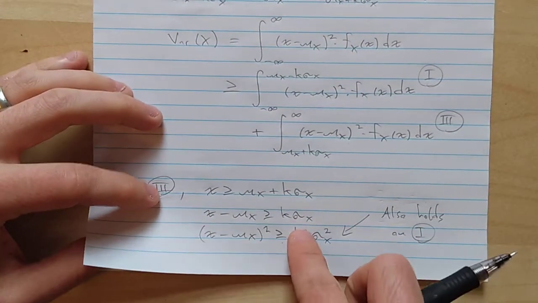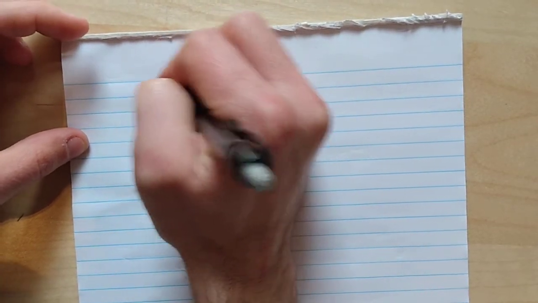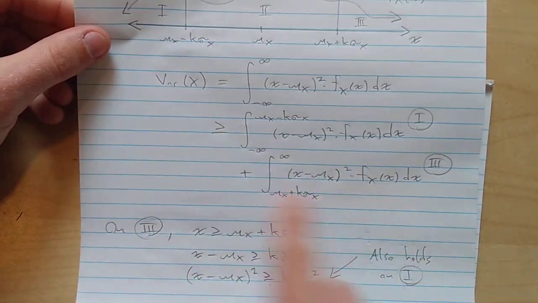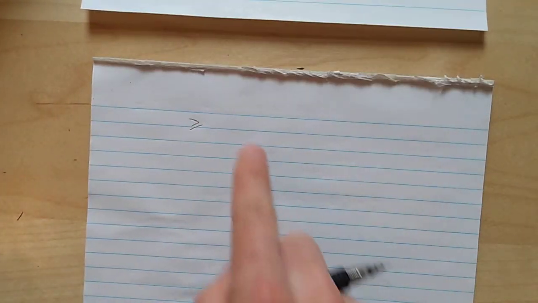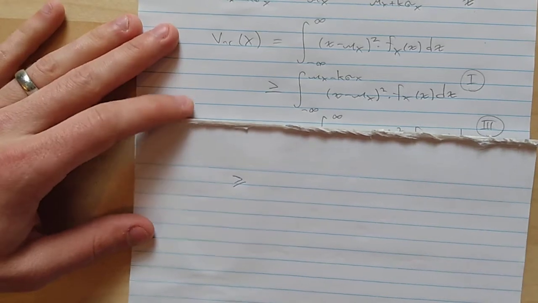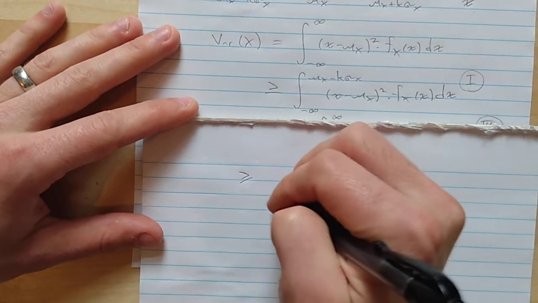So now, continuing our calculation here, we now have that the variance of x is equal to this, which is less than or equal to this, and that is going to be less than or equal to, let's see what I get here. I take the first integral and I replace this with k squared sigma x squared.